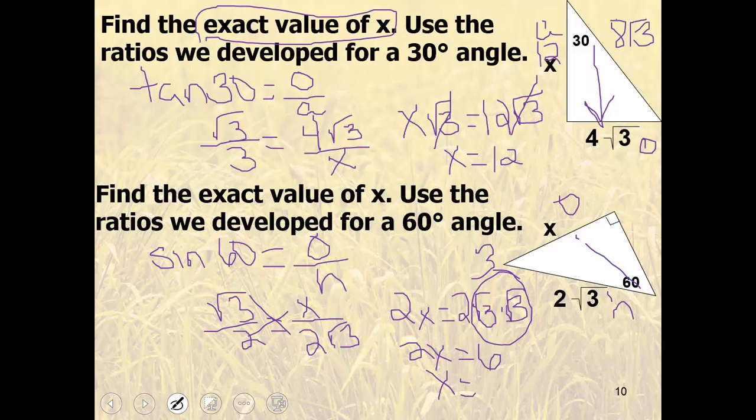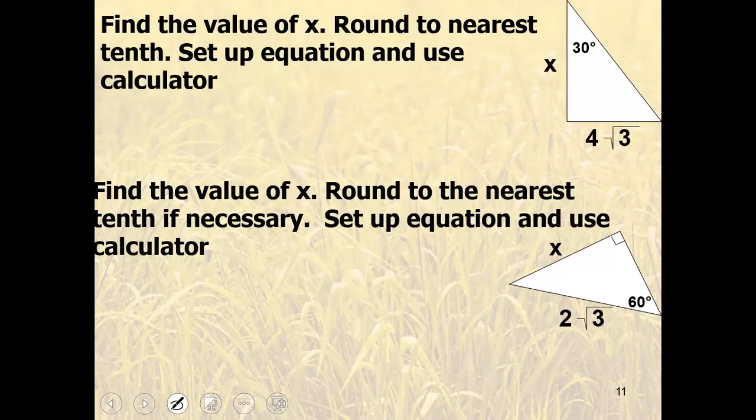X is equal to 3. Did I do that right? So this is 3. And this is half, so this is just going to be the square root of 3. Like that.